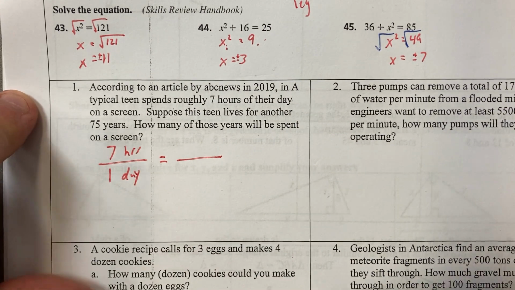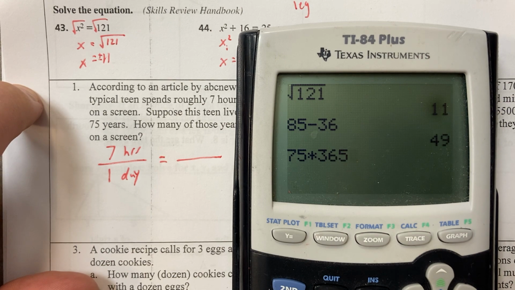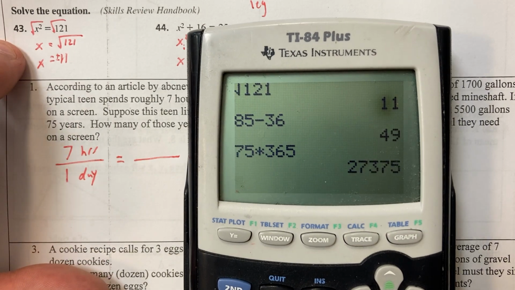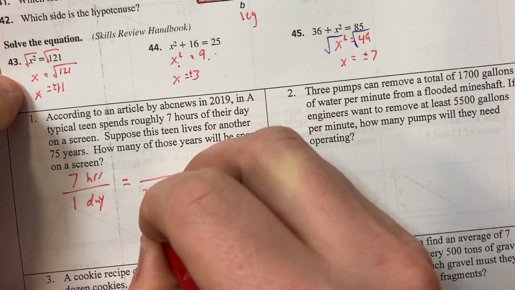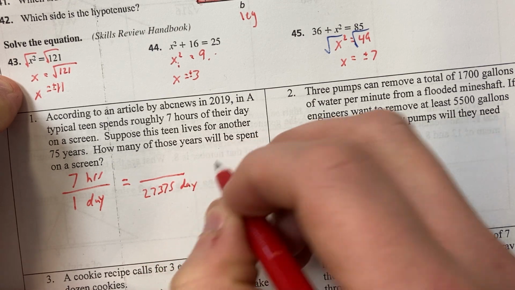How many days is 75 years? 75 times 365, right? 365 days in the year, plus leap year, whatever. Technically it's 365.25. Let's just use 365. 27375. We'll get the point across. 27375 days.